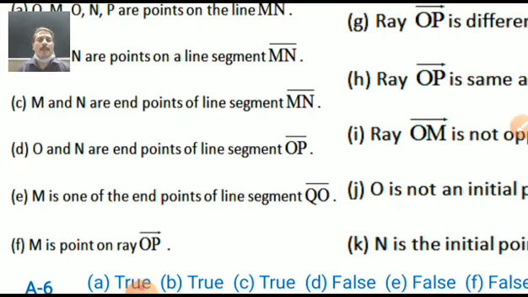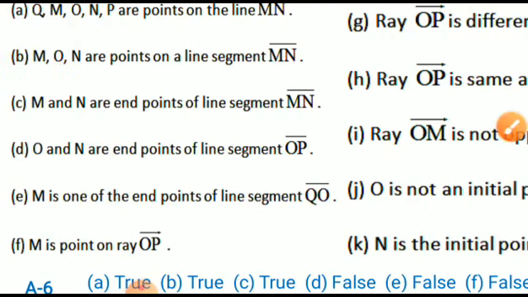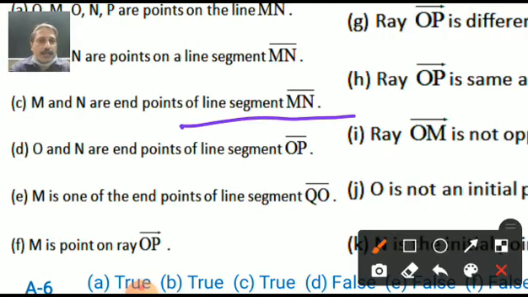C. M and N are the endpoints of line segment MN. Yes, it is also right. True. Why? Because when you are drawing a line segment and showing them with the points M and N, these both are the endpoints of given line segment MN.